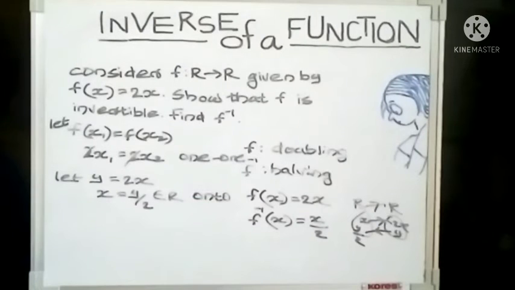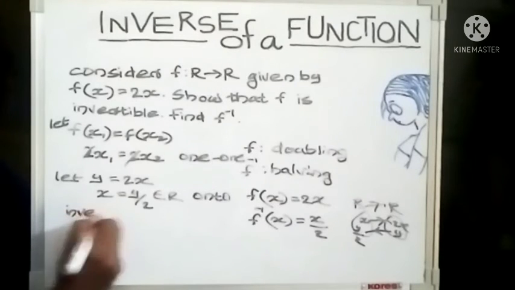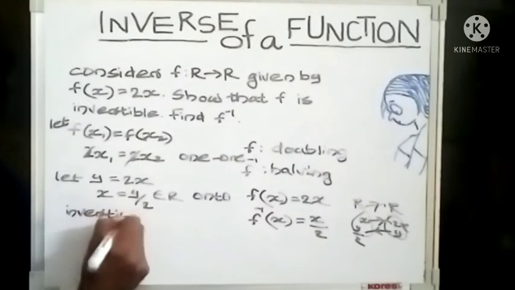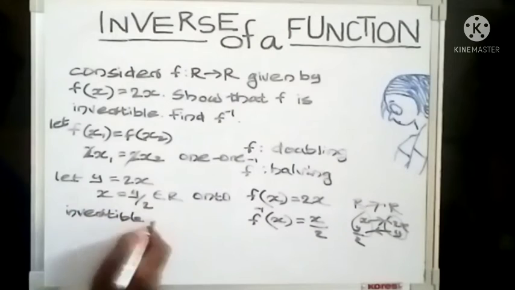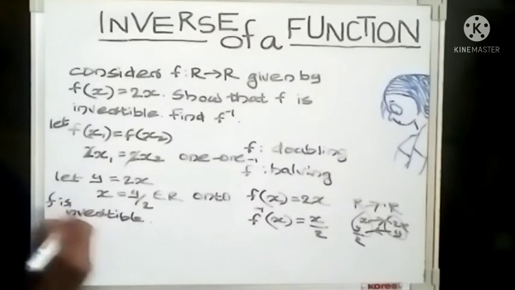If the function is one-one and onto, we know that it is called a bijective function. If it is bijective, we can find the reverse relation called the inverse. Thus, since it is bijective, it is invertible.